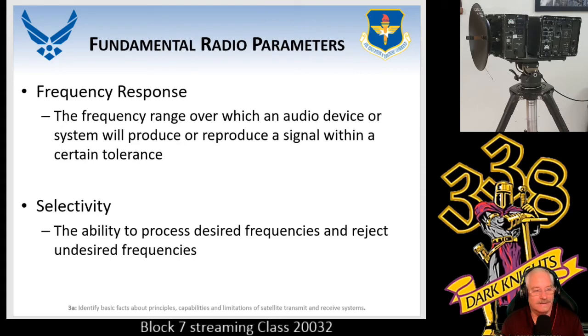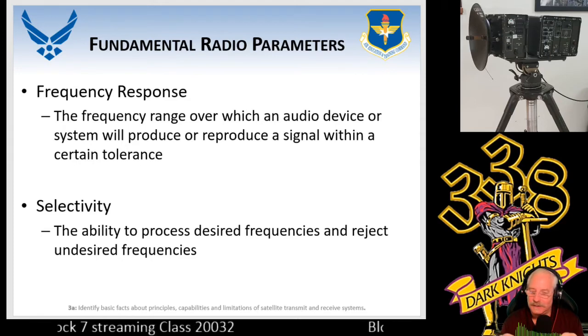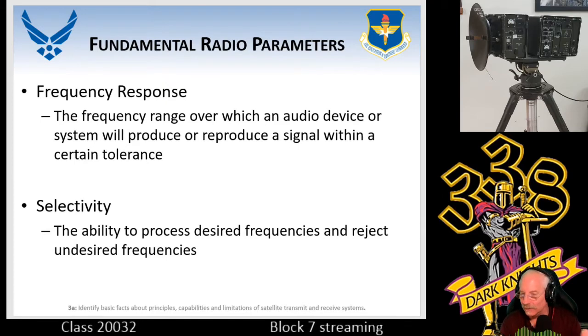Selectivity is the ability to process desired frequencies and reject undesired frequencies. Remember, you are trying to get a certain area across the frequency spectrum in order to process a certain frequency or frequencies.